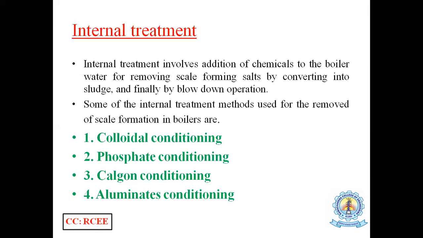Why? Because it is adherent, attached to the boiler inner walls. So in order to remove the problems caused by scales, the scale may be converted into sludge by some internal treatment methods, so that we can easily blow down the sludge, and thus remove the scale formation in the boilers.